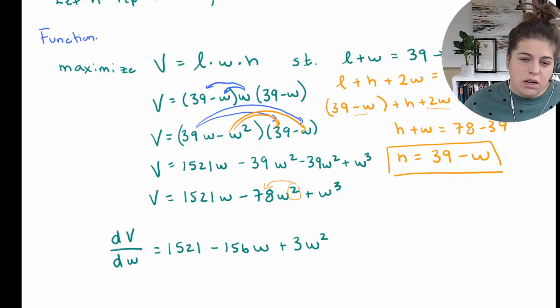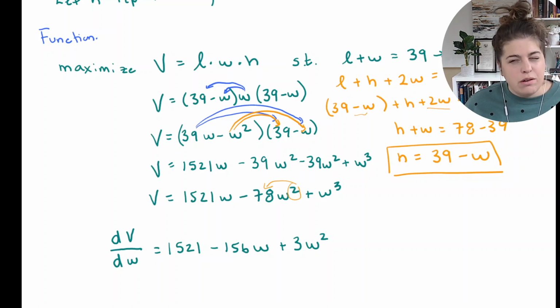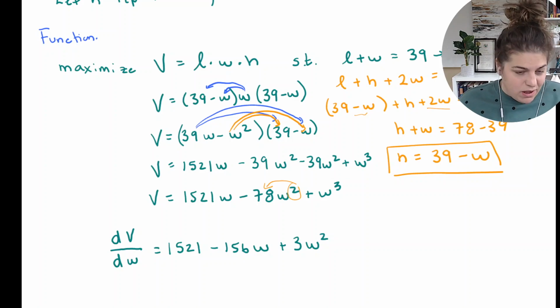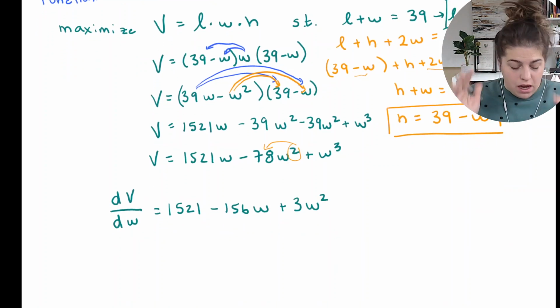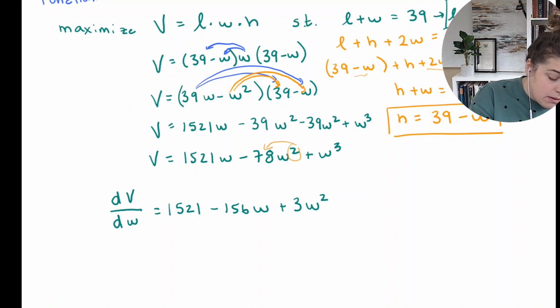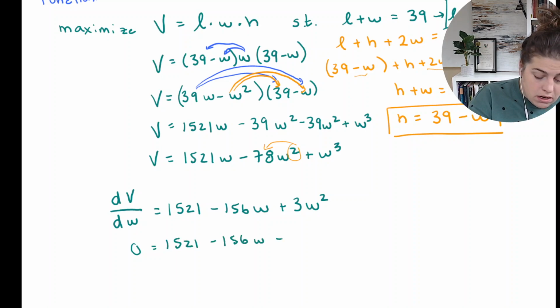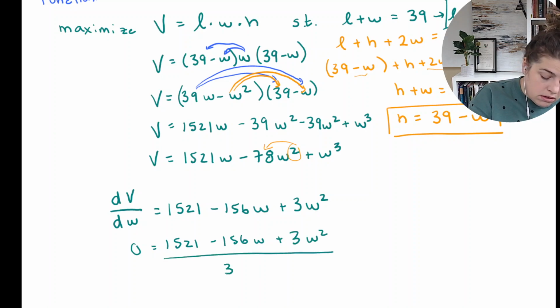You could complete the square on this, or you can use your quadratic formula. So if you are going to do the sum and product completing the square here, I will say that when we set it equal to 0, you can divide everything by 3 just to simplify a little bit for yourself.